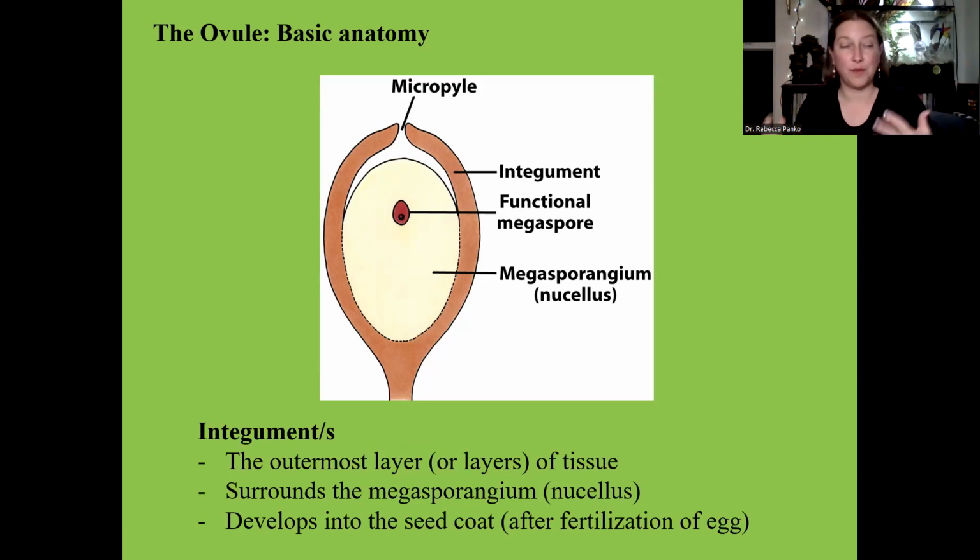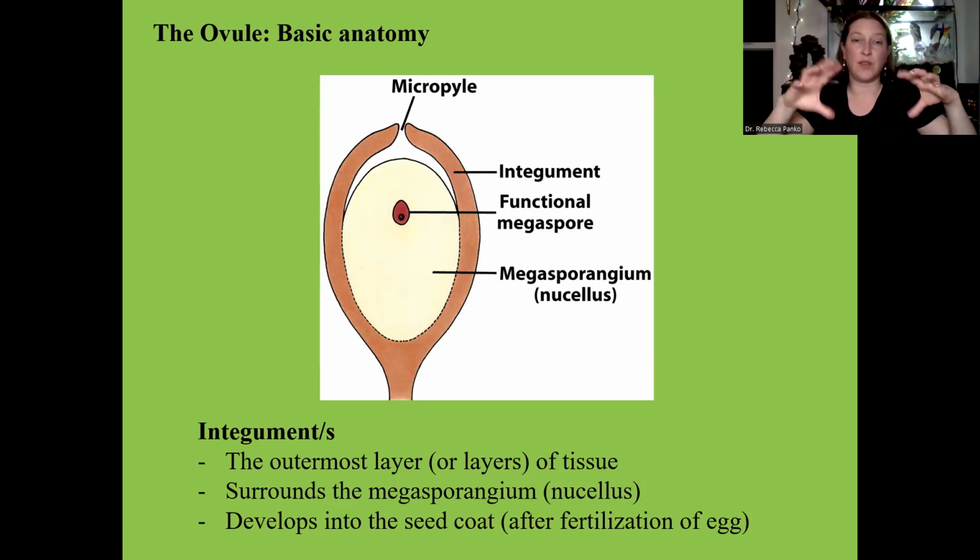Surrounding the megasporangium, aka nucellus, are these layers of tissue, which are called the integument or integuments, depending on what we're talking about. Some things only have one layer of tissue for the integument, other things have more than one layer.